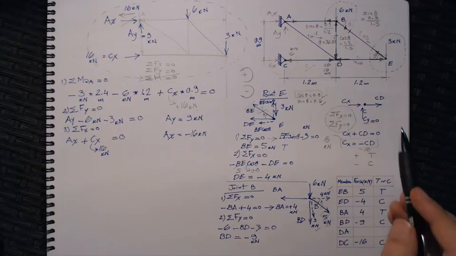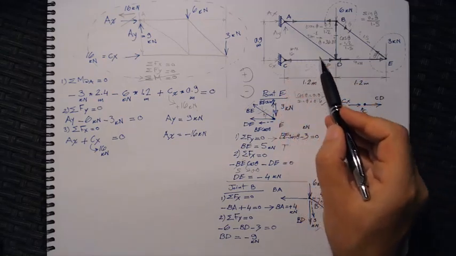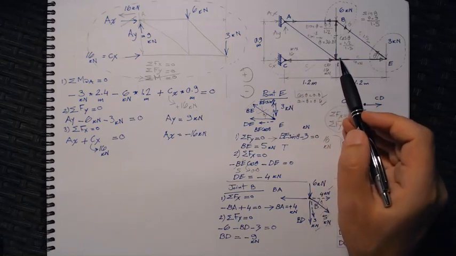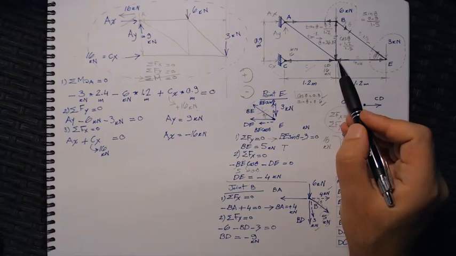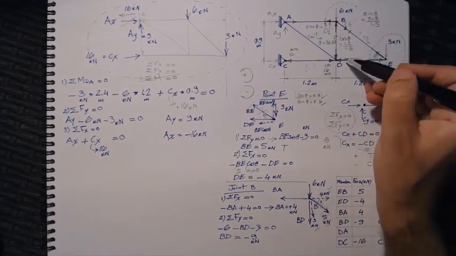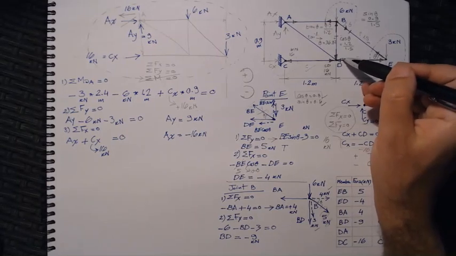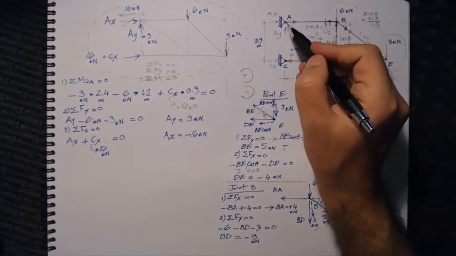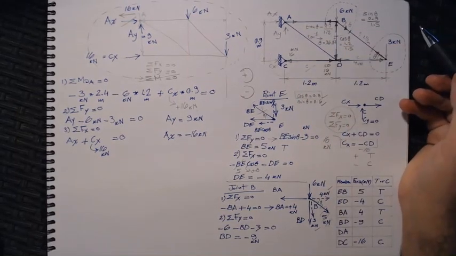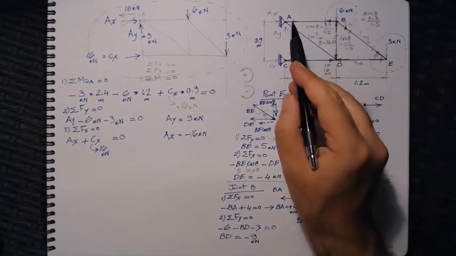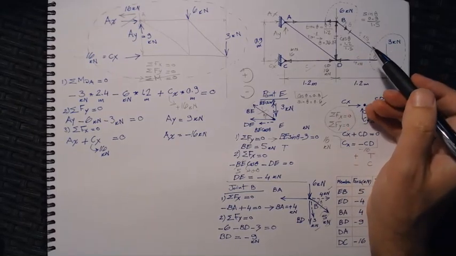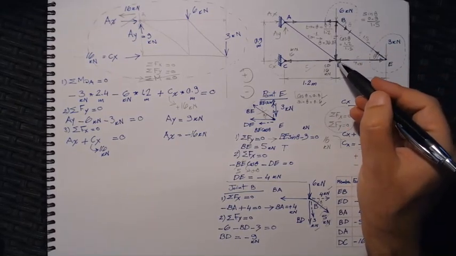All right, so you can see here the only member that we haven't got is AD. So we have two options. We can analyze joint D, or we can analyze joint A. It's not going to matter much because we have 4 unknowns here and 4 unknowns there. So we might as well consider joint D.